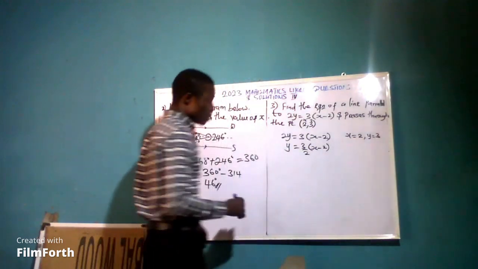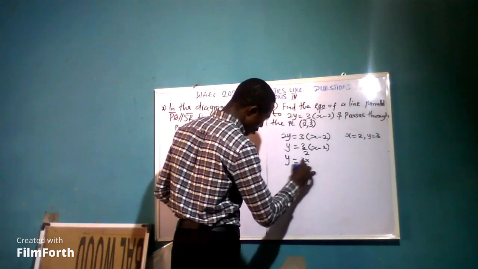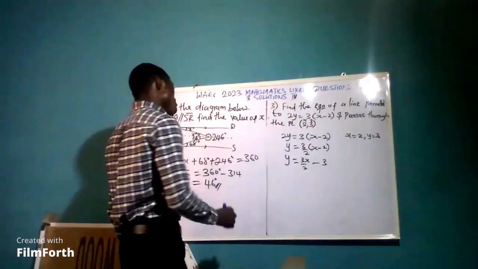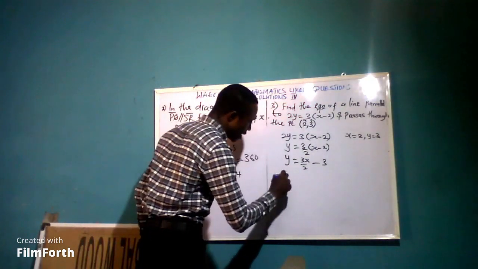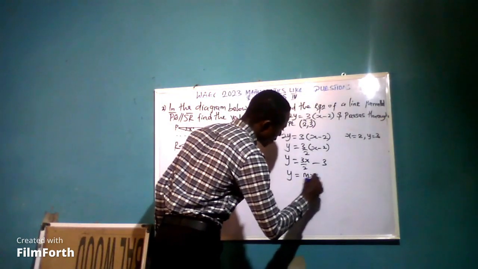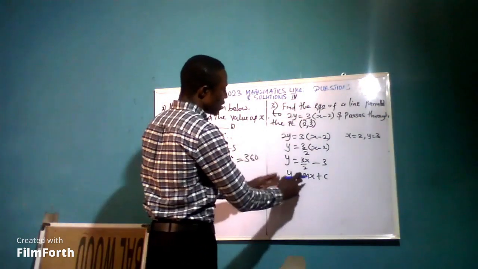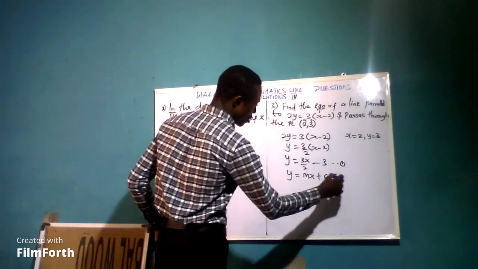And if you clear up the bracket, you have y equals 3x over 2 minus 3. Don't forget, the general equation for a straight line is given as y equal to mx plus c. So if you compare this equation with this equation, let's call this 1, then call this equation 2.